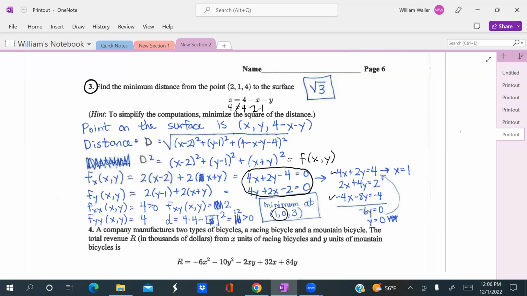So be aware you may have to do that on the test. So try to recall how to solve these 2x2 systems of equations that involve two variables, x and y. All right, I'm going to pause here for a moment, and then we'll come back and look at another problem here on the review.